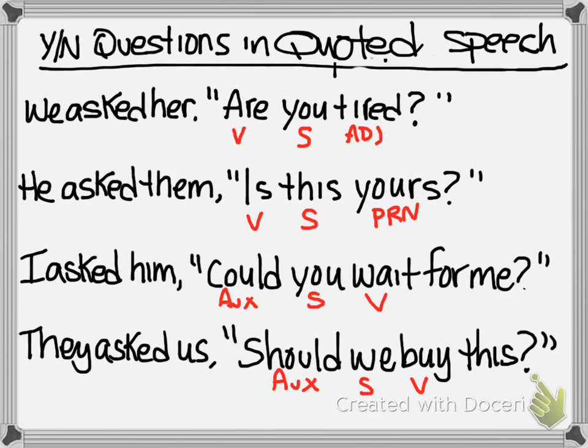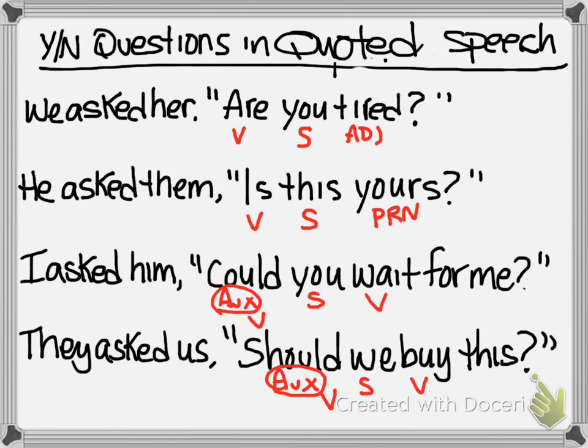Now, an auxiliary is just a fancy word for saying a helping verb. An auxiliary is technically a type of verb. So if you take a look at everything here, it's all following the same pattern. Remember I said languages follow patterns.